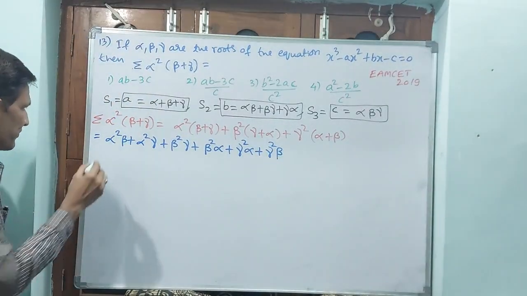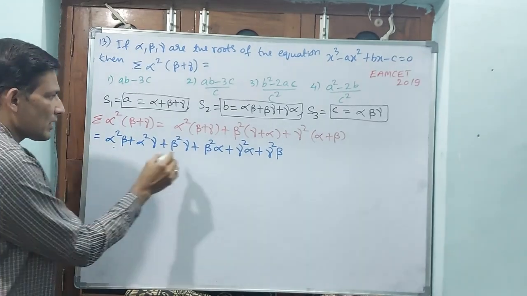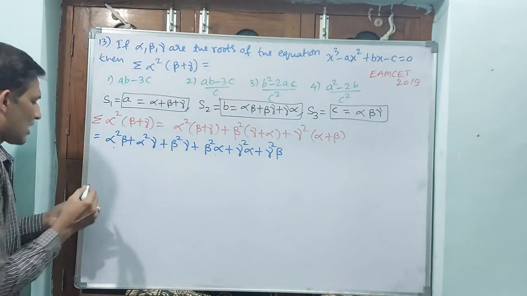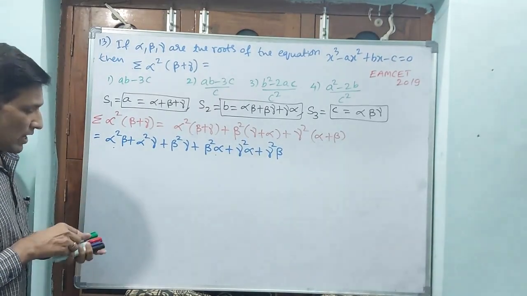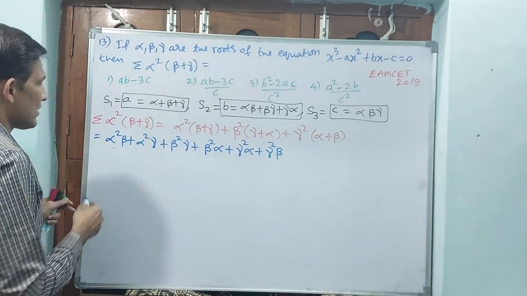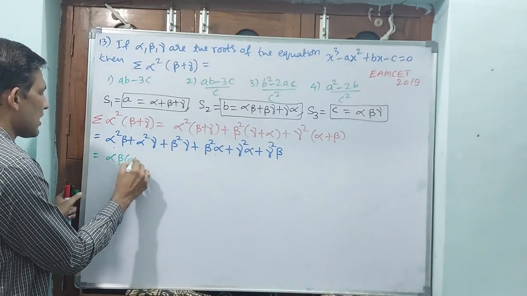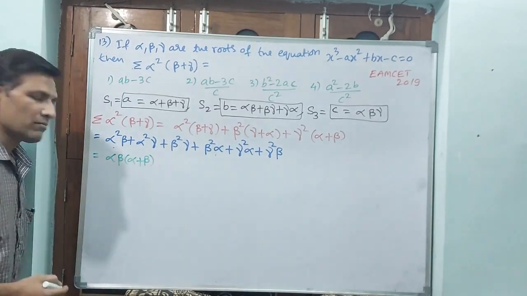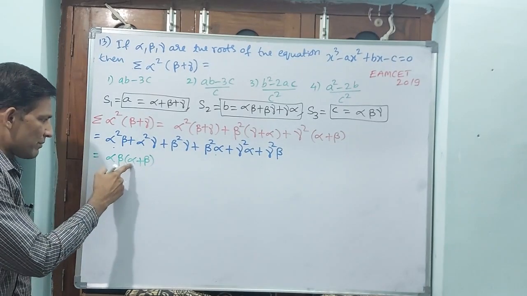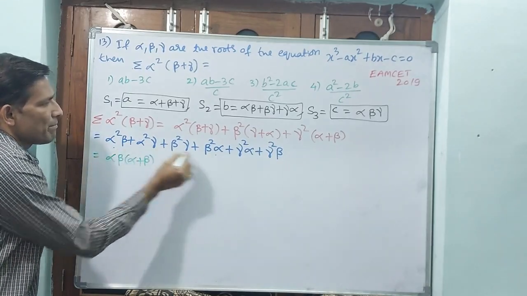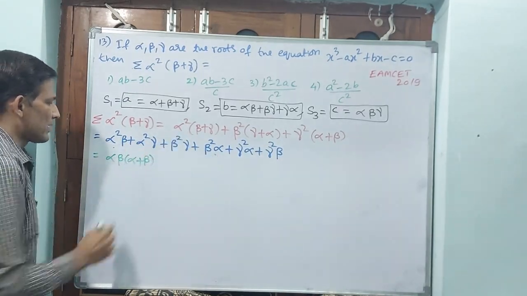Now you see alpha beta is there, so I am taking alpha beta as common. See how we are changing and converting this, observe carefully. Alpha beta, if I take common, alpha plus beta: alpha square beta, beta square alpha. These two are over.